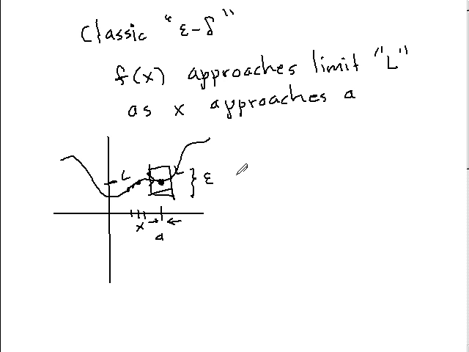And the idea is if you can give the vertical dimensions of this box as, say, 2 epsilon, I'll explain the 2 epsilon in just a minute, as long as you stay inside a box of width 2 delta, you can ensure that your function values stay within a box of 2 epsilon. And as you shrink delta and epsilon, you eventually achieve a box with only this single point. Okay, that's the idea.